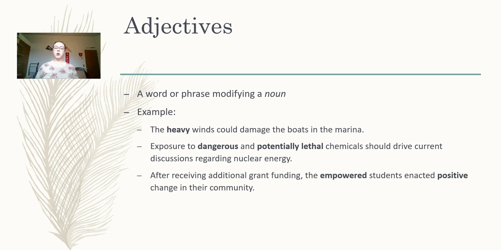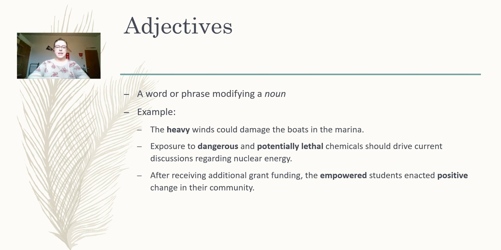But if we were to say, hey, these chemicals are dangerous and potentially lethal, then we're really emphasizing the importance or the severity of the argument that we are making. But think about if we change some words around.